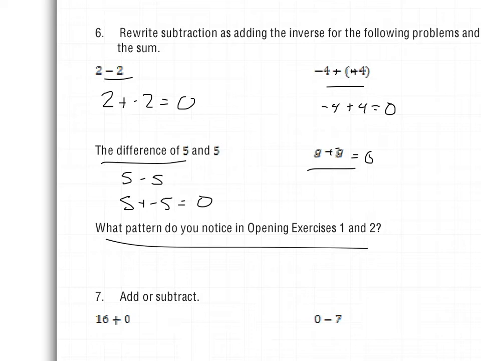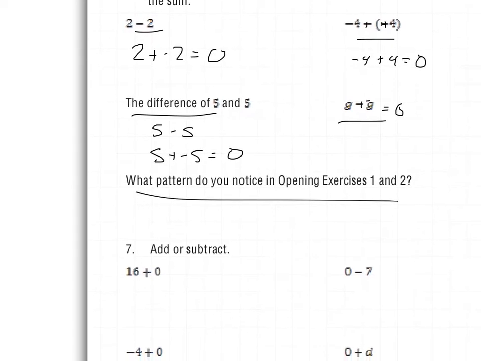What pattern do we notice here? We should see that in every problem we use the adding the opposite, and then it adds up to 0. So looking at this for these first two exercises, we can see that these add up to 0. And this is what we call the additive inverse.